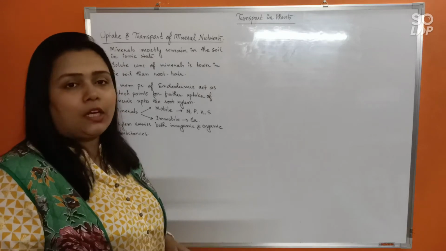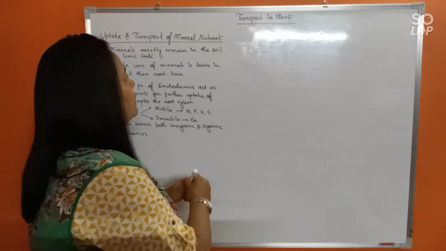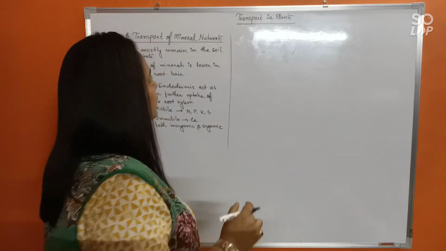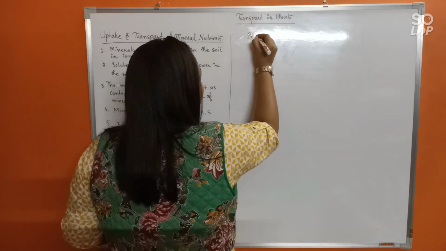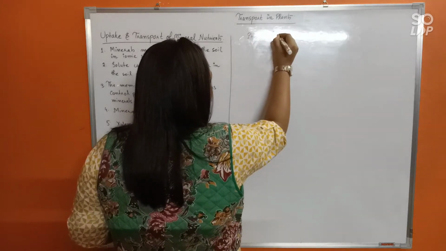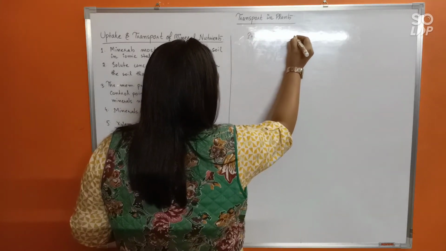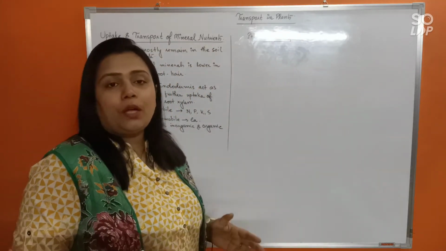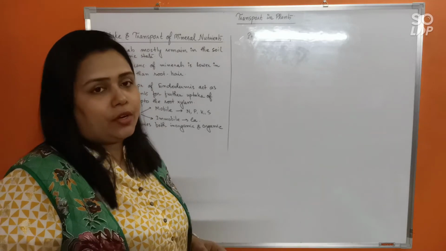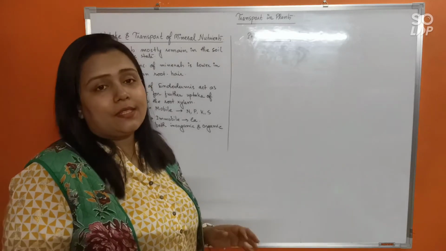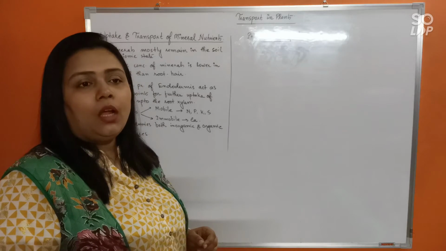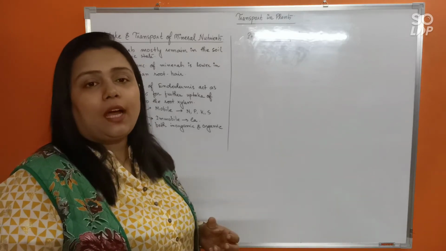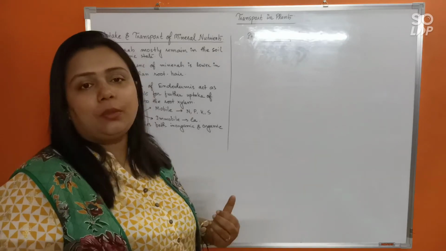Alright, I hope all of you are clear up till this. Now let's discuss another important part, the last part of this chapter, that is phloem transport. We have learned so much regarding xylem transport so far in the chapter. Now let's discuss phloem transport. Phloem is the major conducting tissue which allows transport of food throughout the plant body.